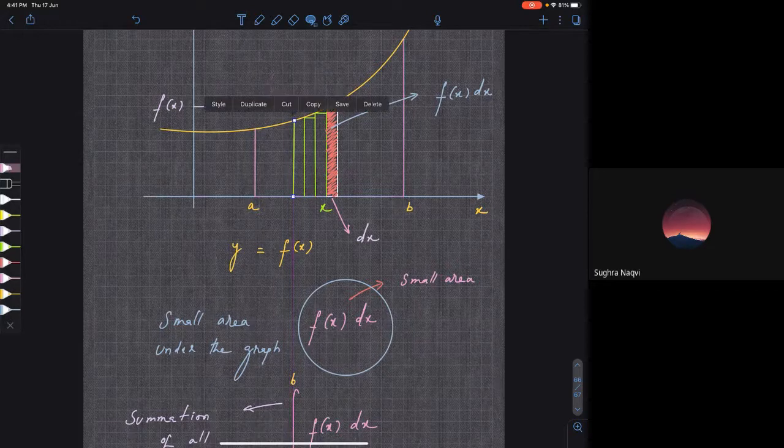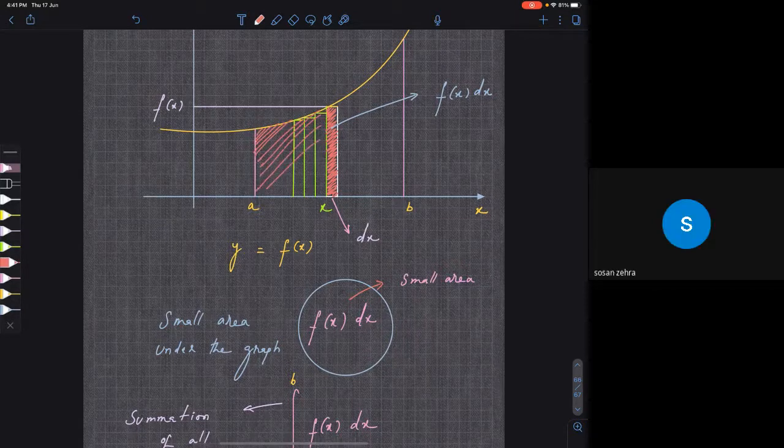All these areas, if you add, from here to here, will give you what?